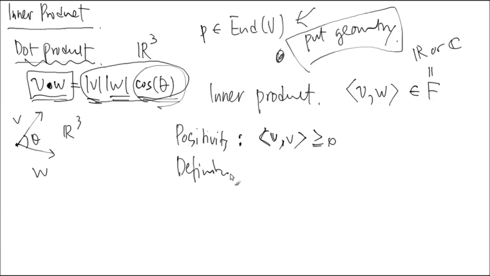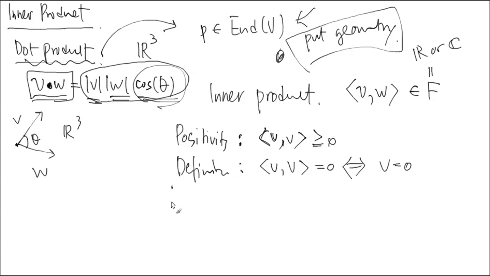Yeah, definiteness. And if that one is 0, that means v is 0, and if v is 0, then the inner product to itself is 0. Again, we don't use dot product anymore. That's only reserved for column vector space. And we want to extend this dot product kind of thing in here so that once we have something like this, we're going to define this cosine theta.